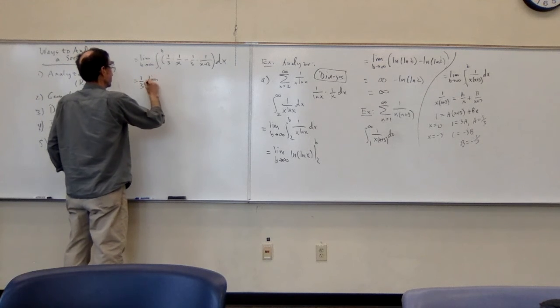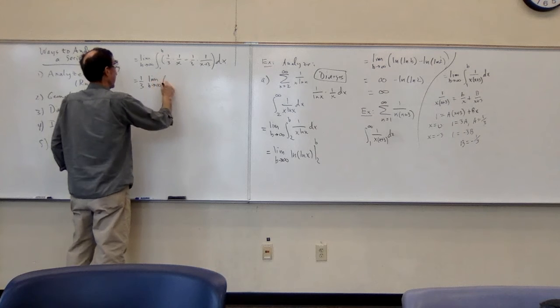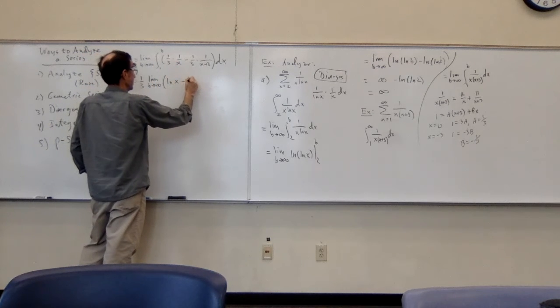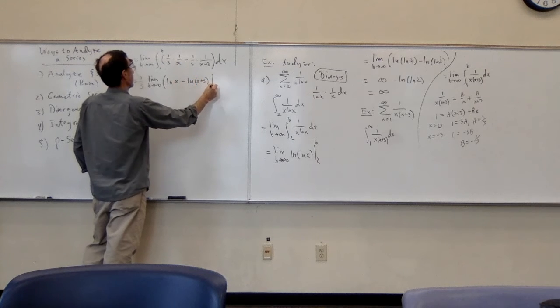1/3 limit as b goes to infinity, and I get ln x, right? Everything's positive, no absolute value. So it's minus ln of x plus 3, from 1 to b.